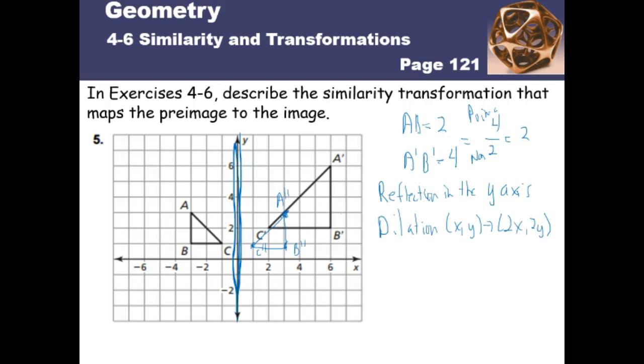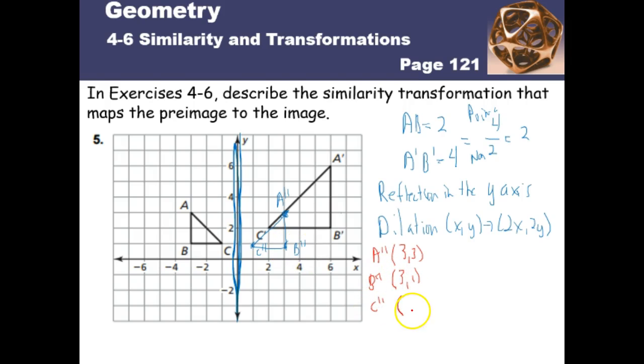So let's get my pen going, and we're going to write some things down in red. It looks like A double prime was the point 3, 3. And B double prime was the point 3, 1.